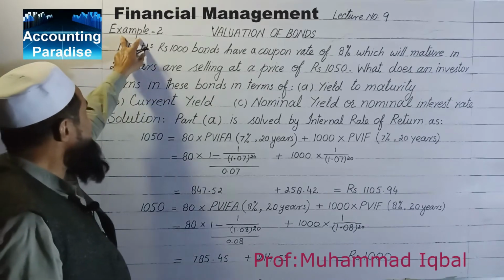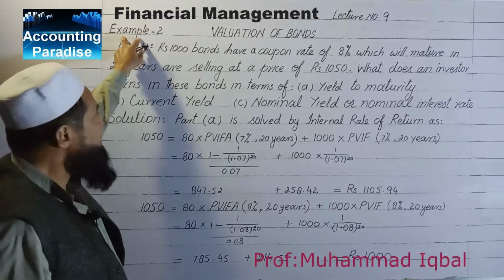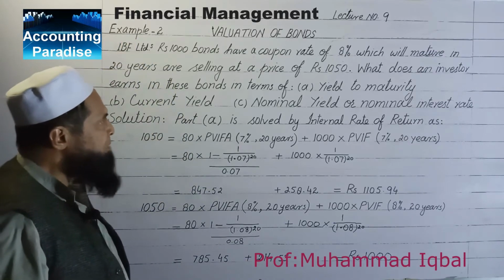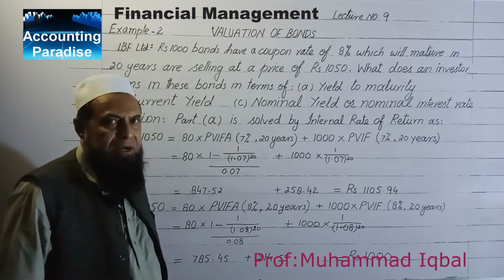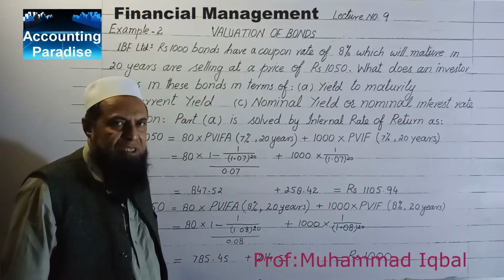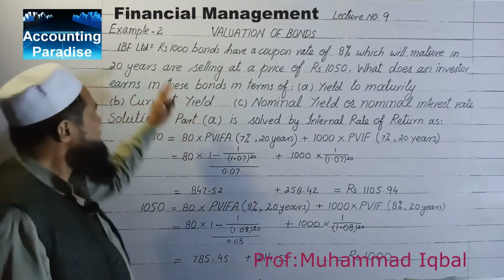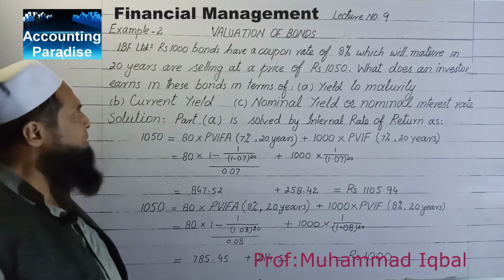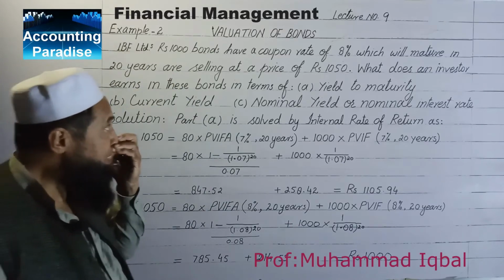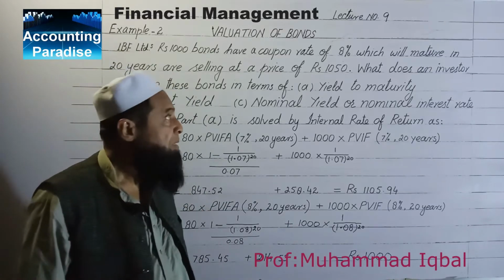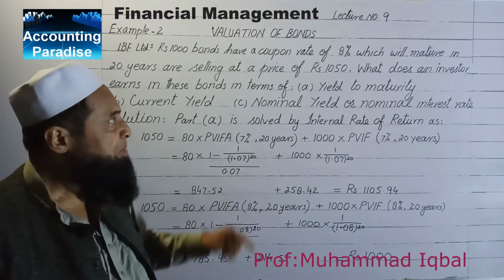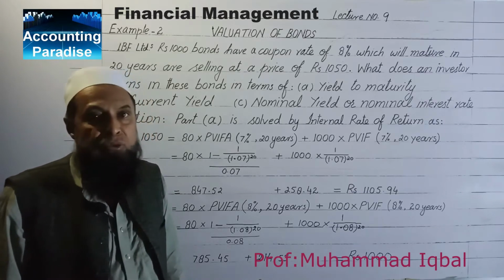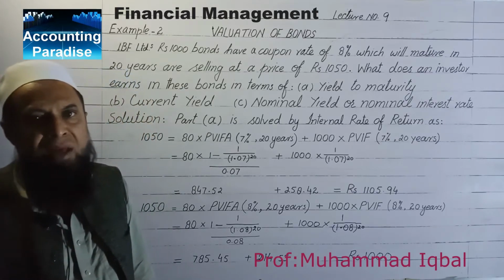Now, it is example 2. In this example, we have to calculate the rate of interest which the investor earns. IBF Limited's rupees 1000 bond has a coupon rate of 8%, which will mature in 20 years, and at present it is being sold at rupees 1050.